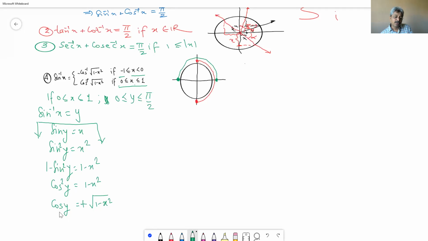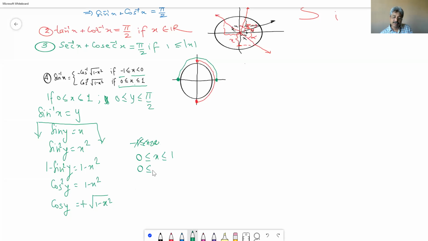Okay, and now you have to cross check. If you want to take the inverse, y is equal to cos inverse of this quantity, then you should ensure that y is in the range of cos inverse and radical 1 minus x square is in the domain of cos inverse. Sorry, we are dealing with the second case: 0 is less than equal to x is less than equal to 1, right?